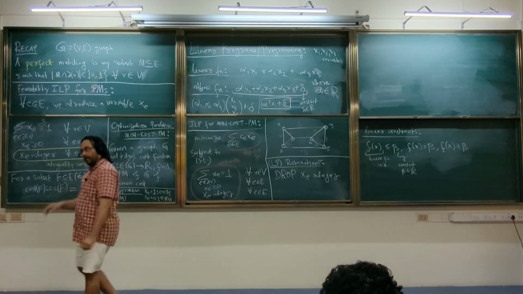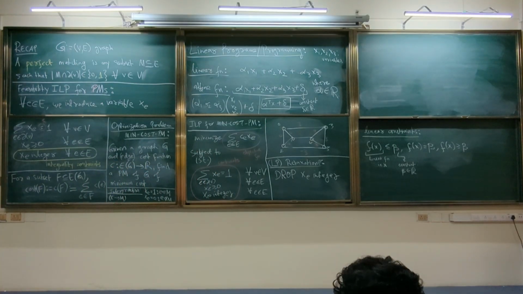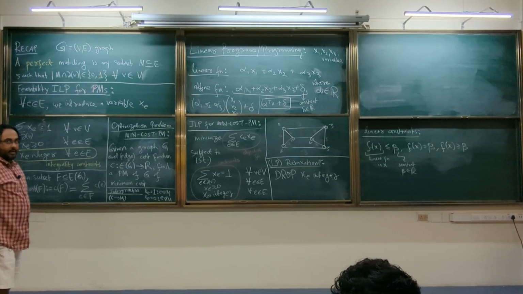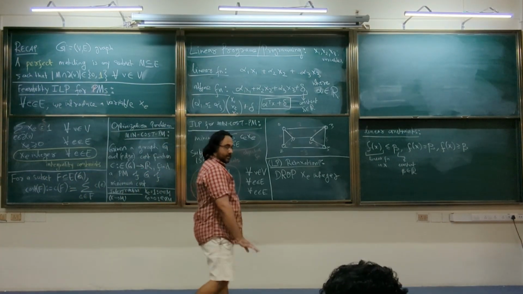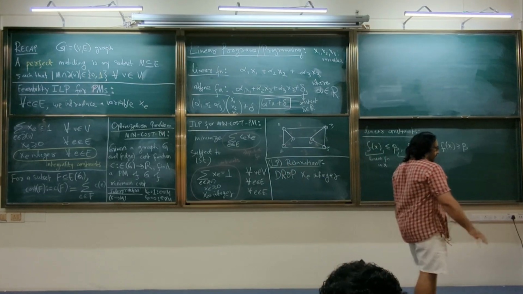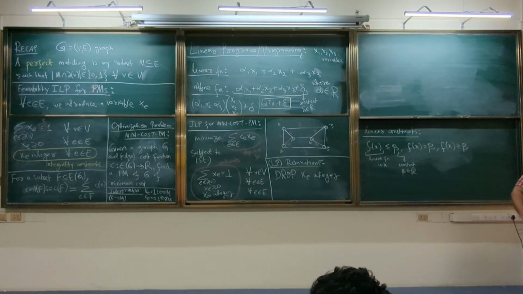This is what we mean throughout this course by a linear constraint. And the only thing we are allowing, pay attention to this, is equality and inequalities that are not strict. We are not allowing strict inequalities.